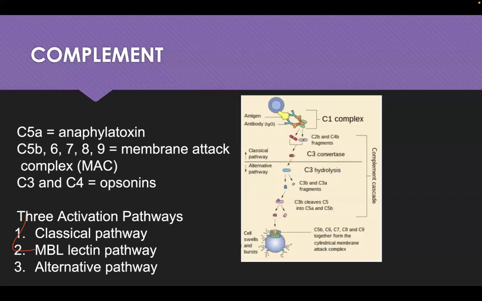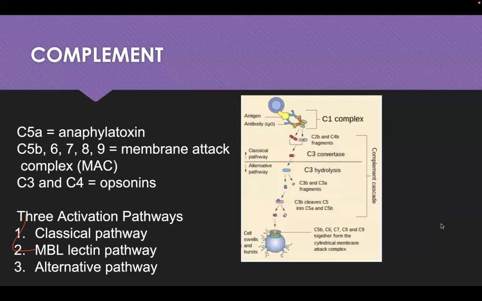So I think the really important ones to know are these that are on the left here. C5a, that is an anaphylatoxin, C5b, 6, 7, 8, 9 for MAC, and C3 and C4 for opsonization. These are the key things that the complement cascade creates so that we can have a more effective immune reaction.